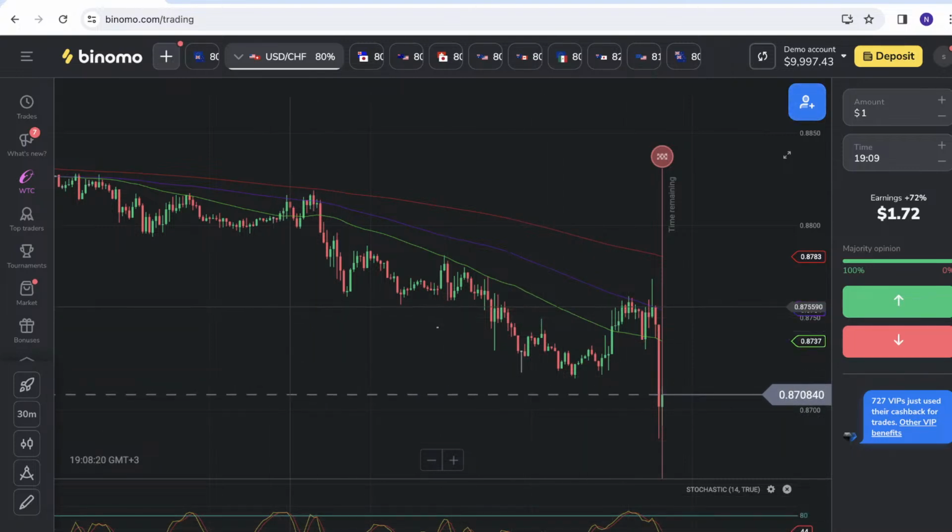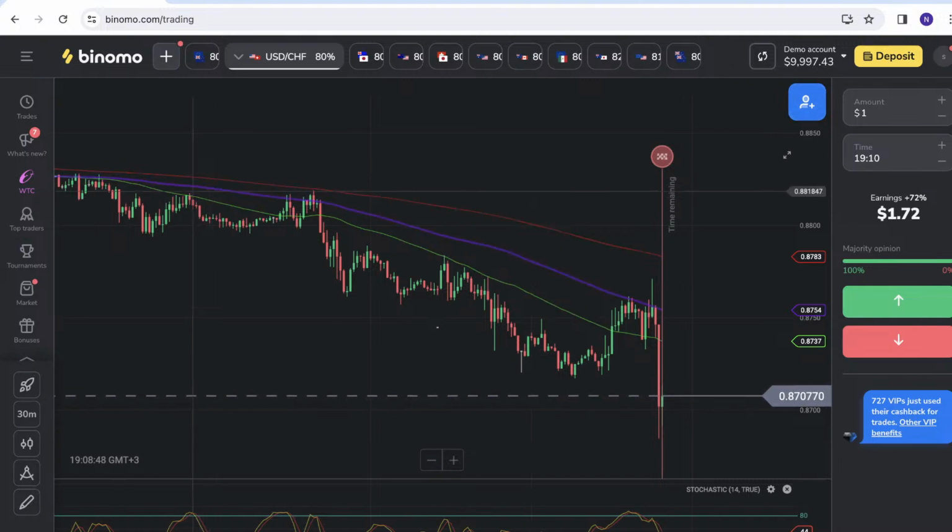Dear traders, how can we combine moving average and stochastic, and how will we understand that the signals we get from support or resistance lines, I mean from moving average, will be good signals to open a trade? At first, of course, we need to wait until price tests our support or resistance lines, one of the moving averages.